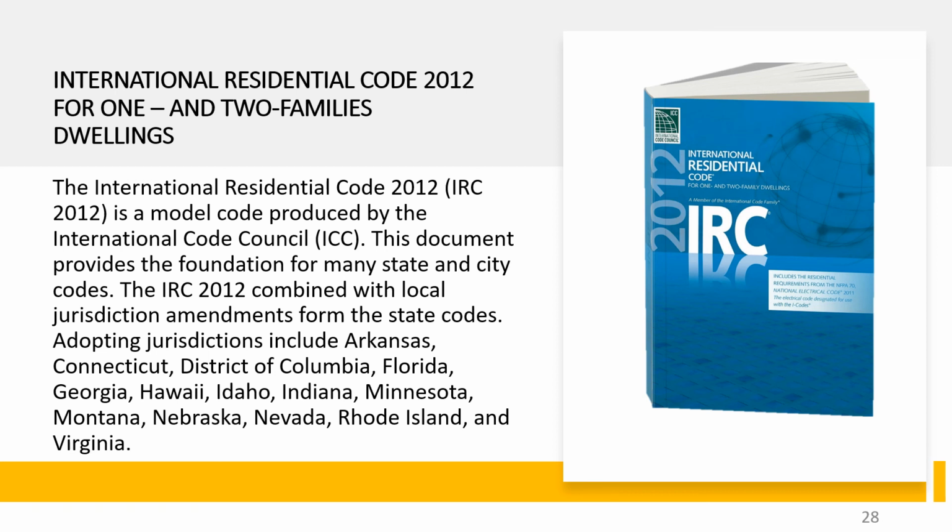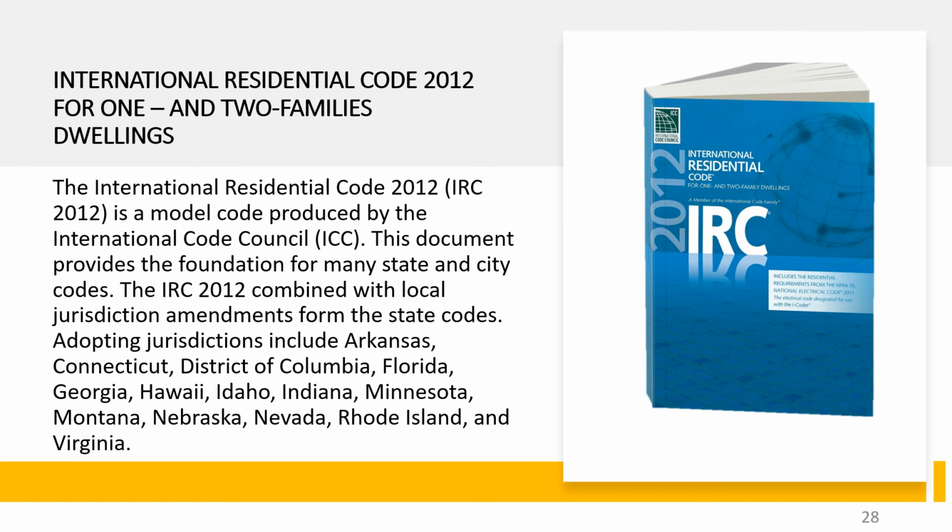International Residential Code 2012 for 1 and 2 family dwellings. The International Residential Code 2012 is a model code produced by the International Code Council. This document provides the foundation for many state and city codes.